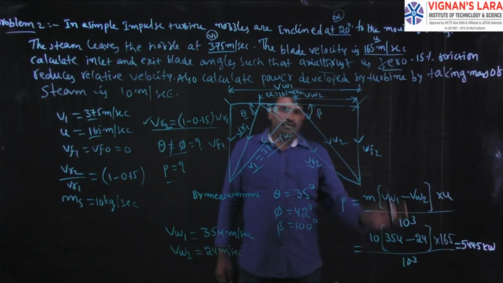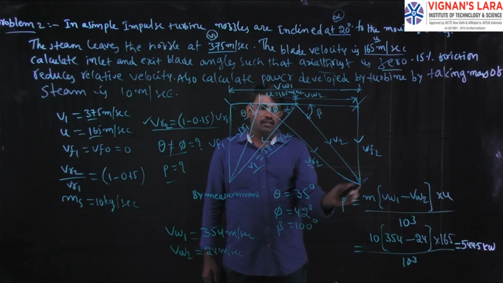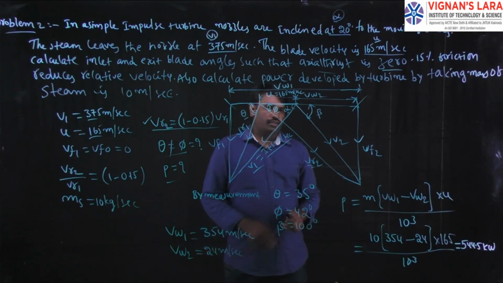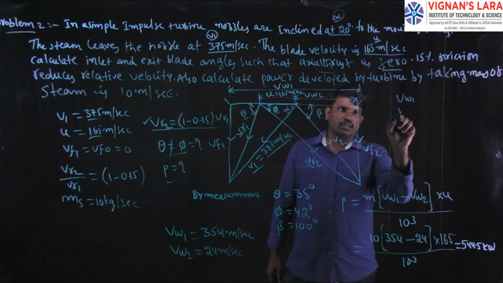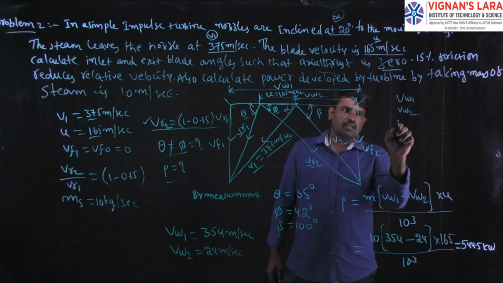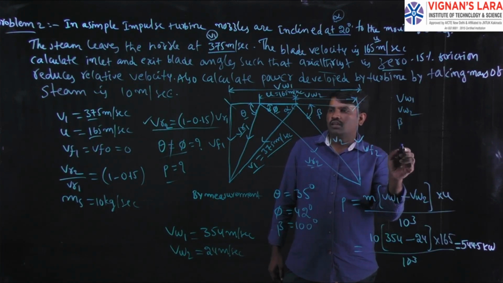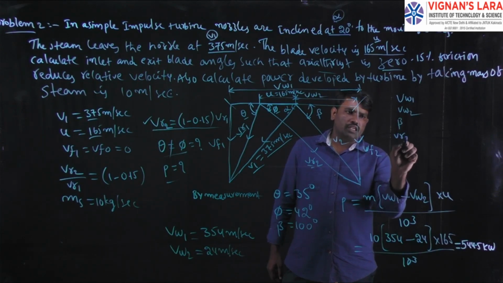After completing the diagram, you can easily measure all the velocities in the triangle: VW1, VW2, beta, VR2, and V2.